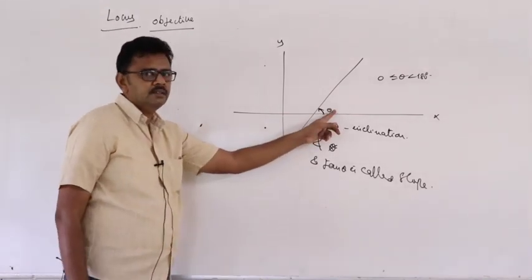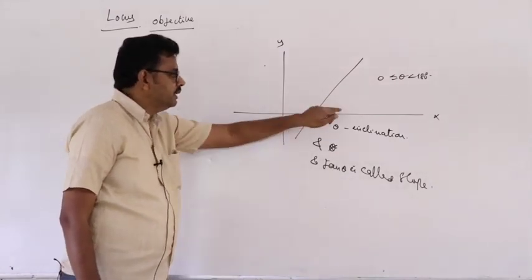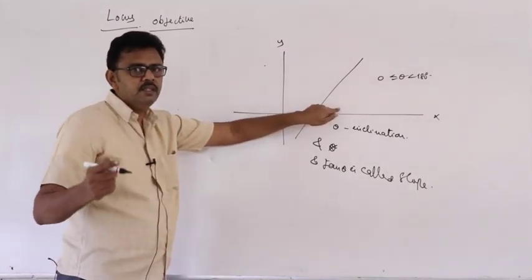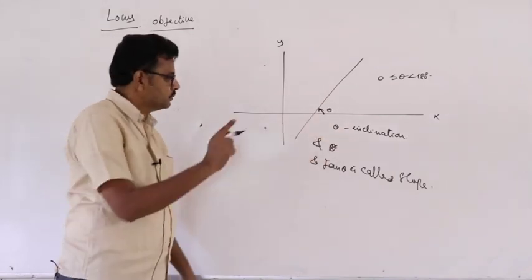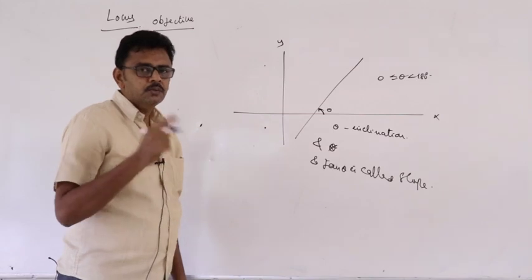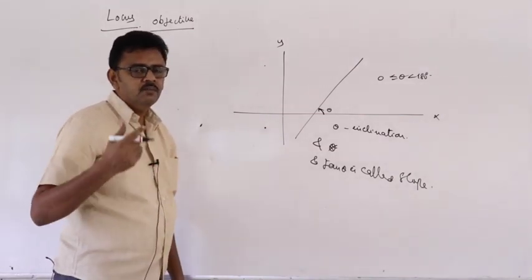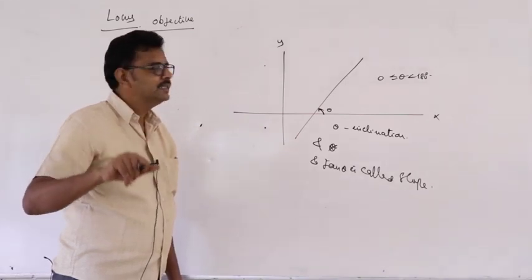Inclination is 30 degrees, slope is tan 30, 1 by root 3. Inclination is 45 degrees, slope is tan 45, 1. Slope is 1, inclination is 45 degrees. Slope is root 3, that is tan theta equal root 3. What is theta? Inclination is 60 degrees.